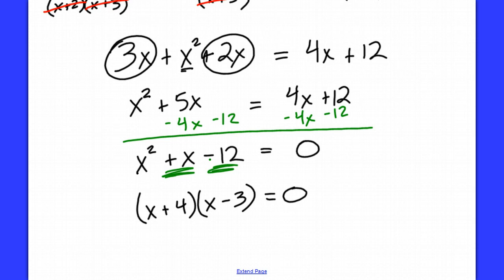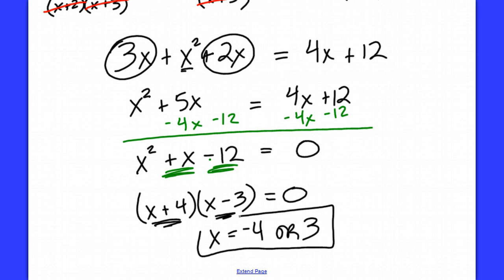And of course that means that x would be equal to negative 4, which we get from this, the value that would make that factor equal to 0, or the factor that would make this equal to 0 would be positive 3. So we get negative 4 or 3 as our two solutions.